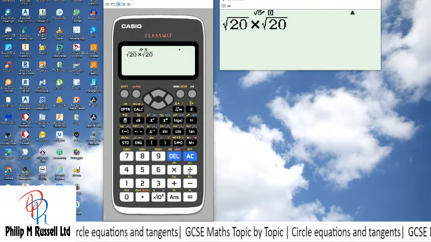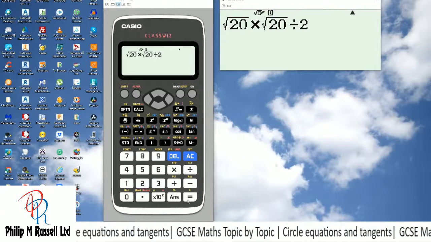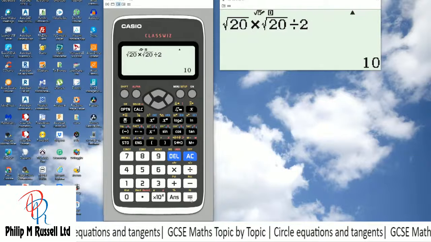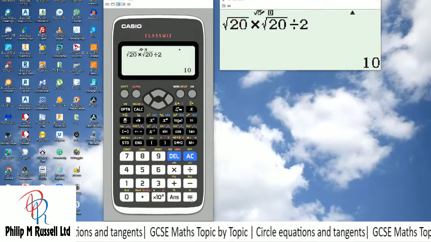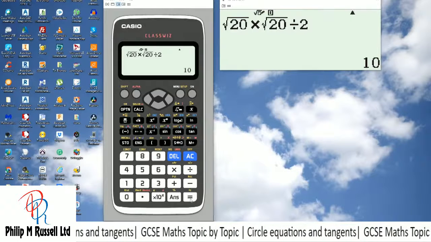Now both of those divided by 2. And it wasn't difficult, and it gave me the area of 10 centimetres squared.